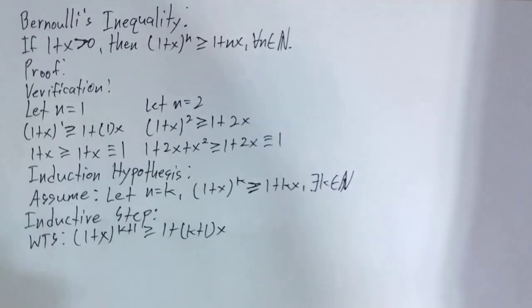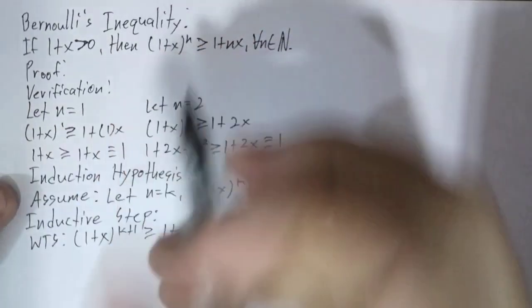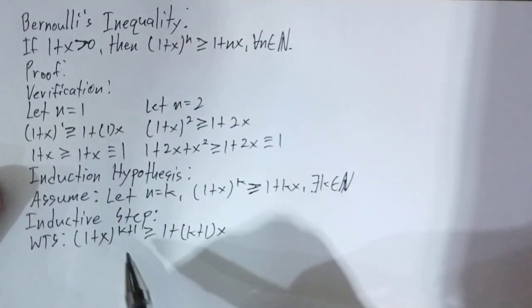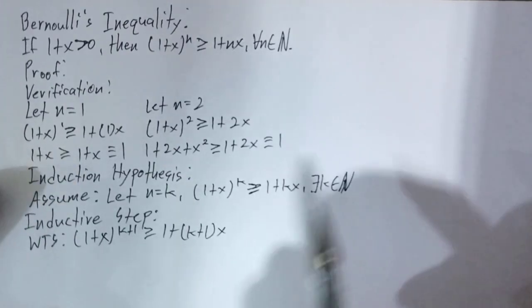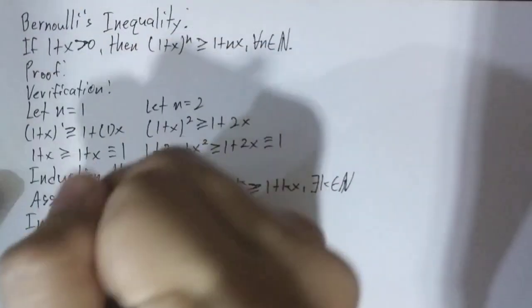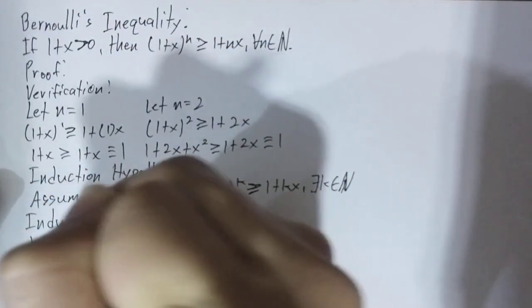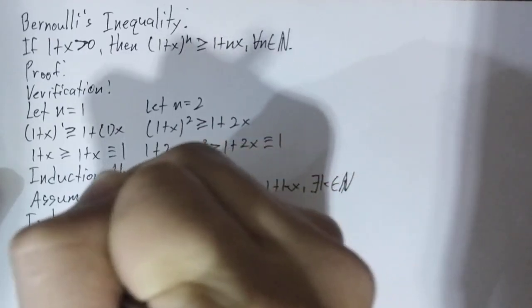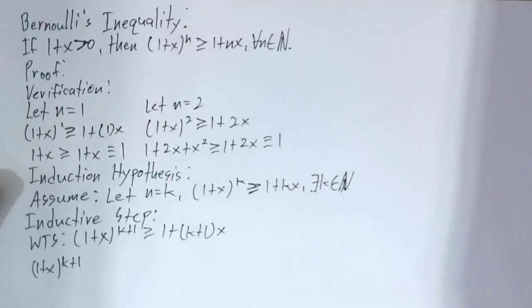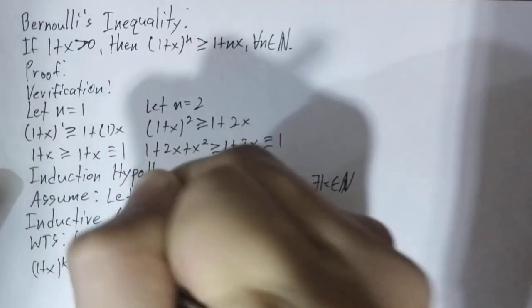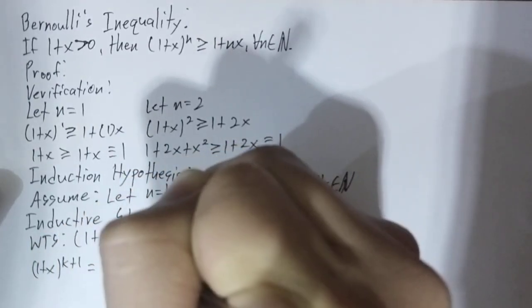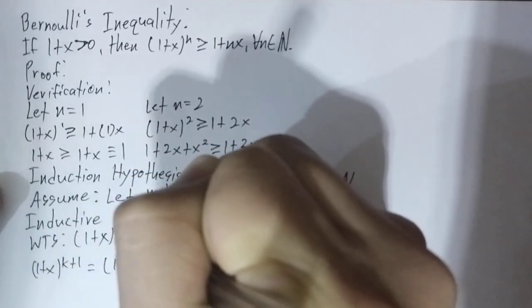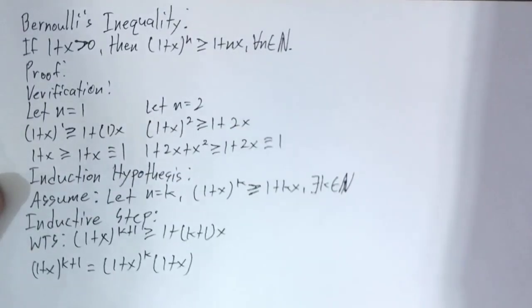Alright, so we would start at the left, and we need to show that it will be greater than or equal to 1 plus (k plus 1) multiplied by x. Alright, so let's do that. So (1 plus x) all raised to k plus 1 is the same thing as (1 plus x) all raised to k multiplied by (1 plus x), correct?